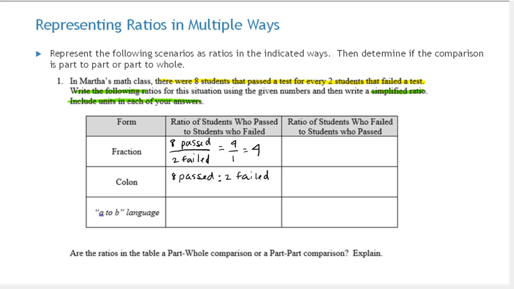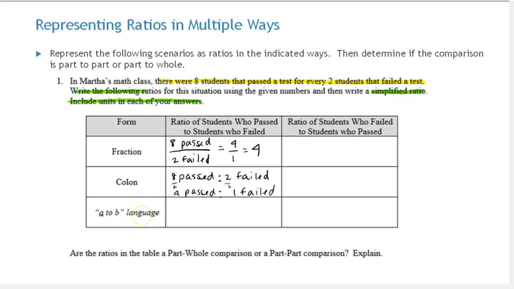Okay. And we can simplify this just like we simplified the fraction. This is equivalent to a fraction, so you can think of dividing both quantities by 2, and 4 passed for every 1 that failed. Okay, and notice that's equivalent to our fraction 4.